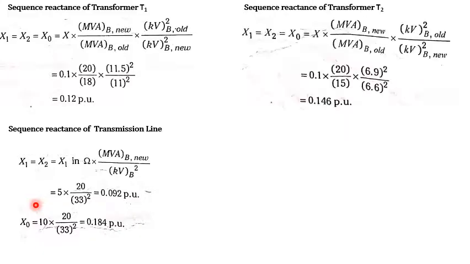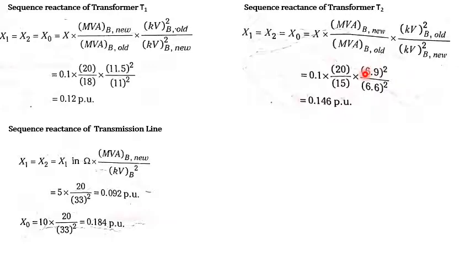Similarly for the transformer T2, only X is given, hence X1 is equal to X2 is equal to X0. The MVA new is 20 and the old value which is given is 15, and consider this is the LT side of the transformer.